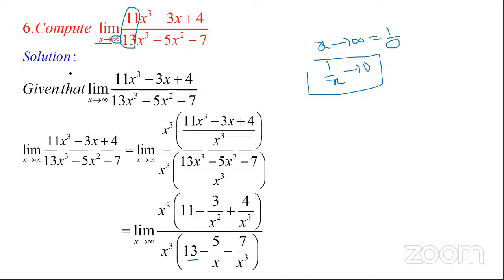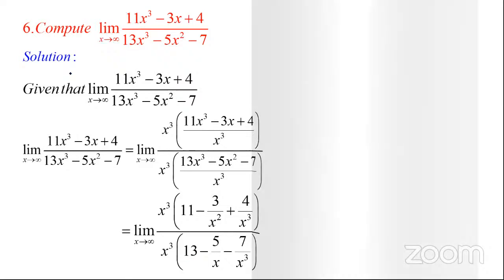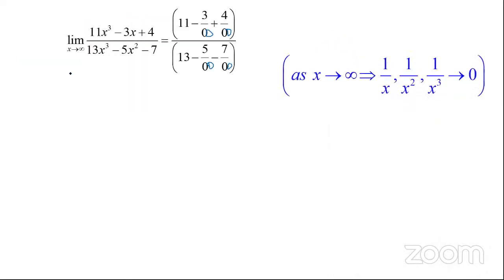From that, just take x cube common, or multiply and divide with x cube. Then you will get x cube of 11 minus 3 by x square plus 4 by x cube, by x cube of 13 minus 5 by x minus 7 by x cube. From this, we write the values as zeros, so the answer will be 11 by 13.